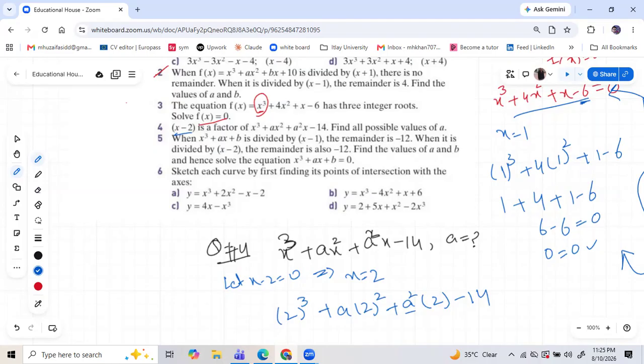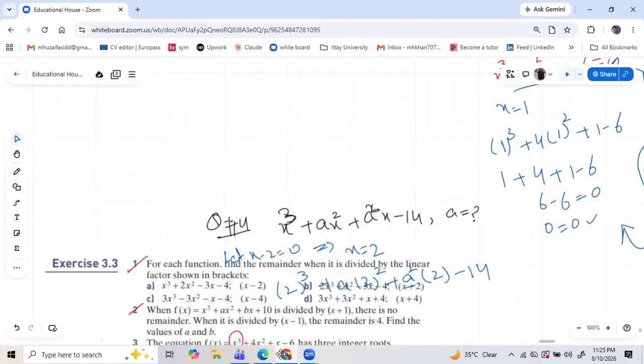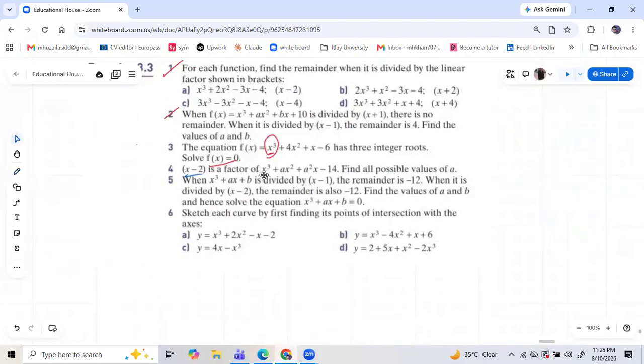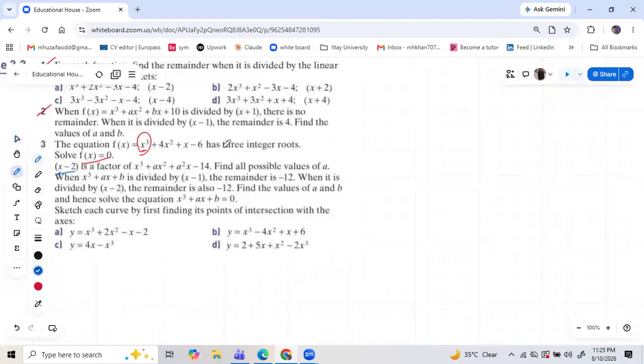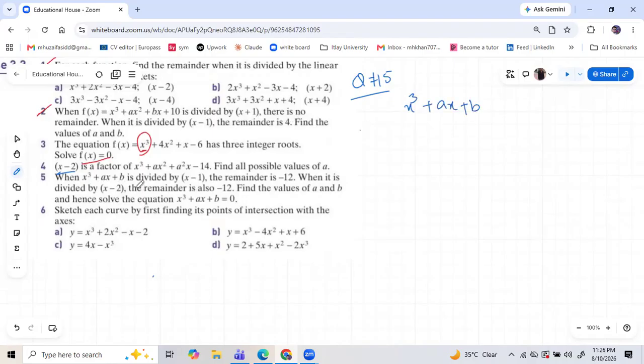Okay, then I'm moving to the next part. We are working on q of 5. When x cube plus a of x plus b is divided by x minus 1, the remainder is minus 12.